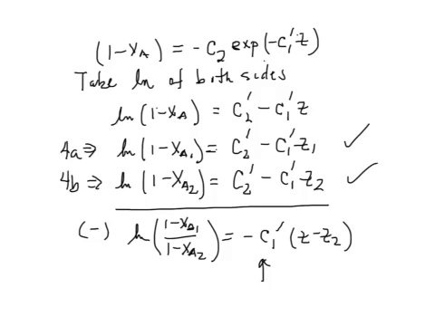And then we simply can put that back into either the top equation, 4a, or you could put it back into 4b to determine the second integration constant, C2 prime. So either way is correct.